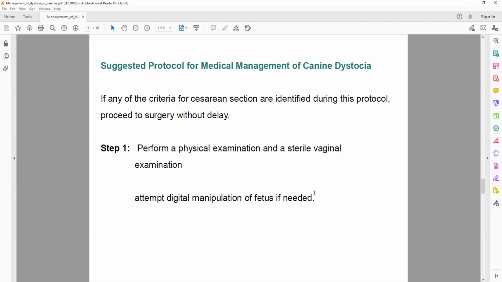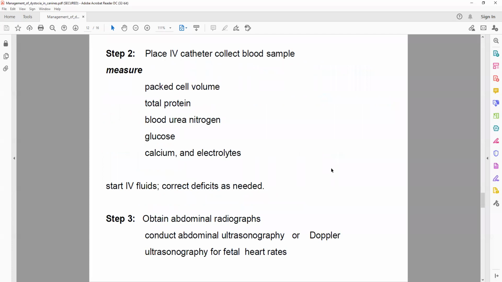Second, if it is in your reach, suppose you are able to hold the head or touch the fetus properly and you can manipulate a little bit, then attempt digital manipulation as described in the previous two, three or four slides. You can apply these tricks to attempt vaginal delivery.